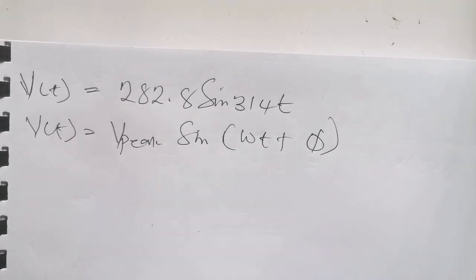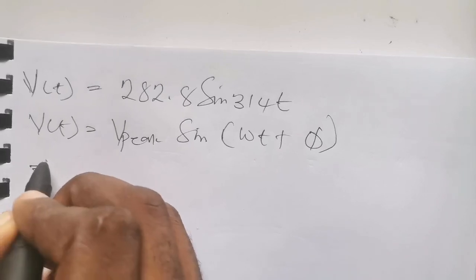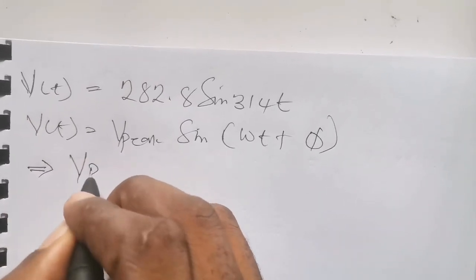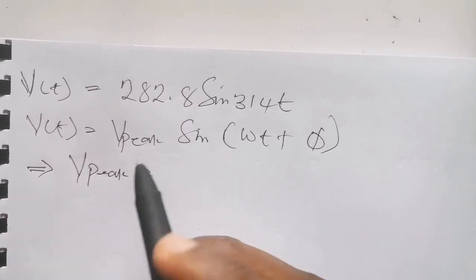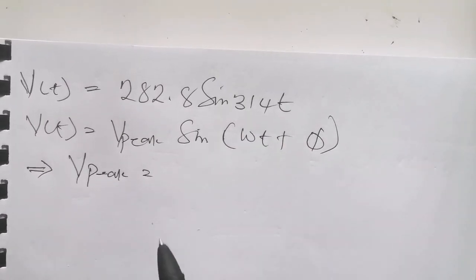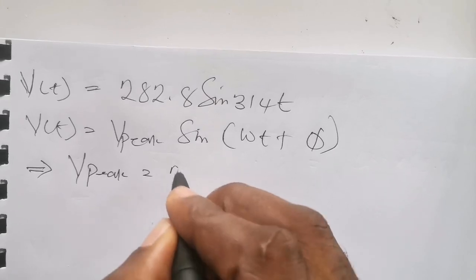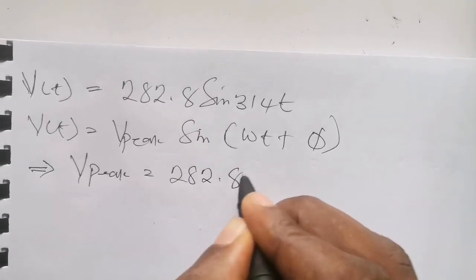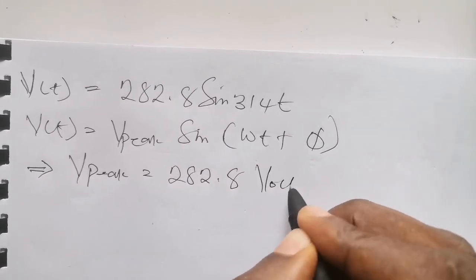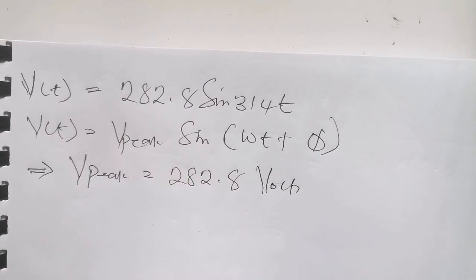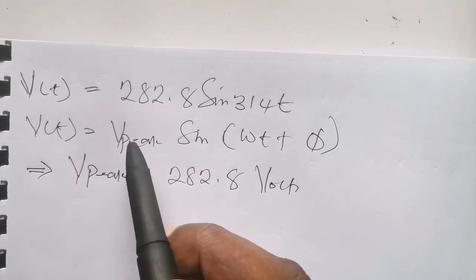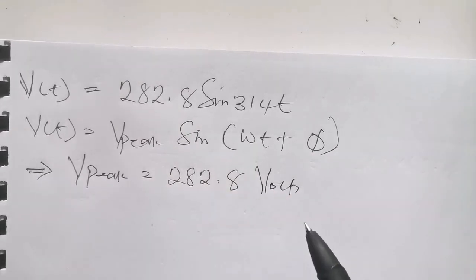Okay, so upon comparison, this implies that our peak voltage V peak is equal to 282.8 volts, because this matches with this, and of course sine goes for sine.